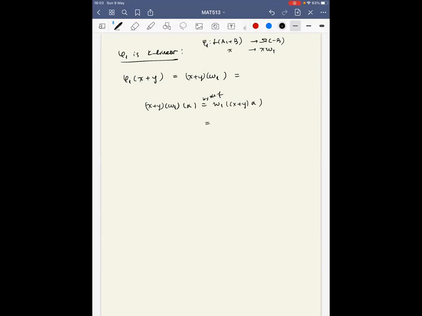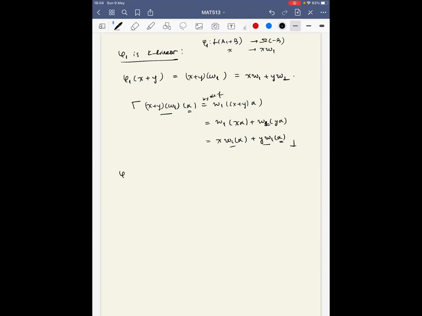And since omega 1 is a k-linear map, again by its definition, this is omega 1 applied to x alpha plus y alpha. So for every adele alpha, we have this equality, and indeed this shows us the linearity of phi.